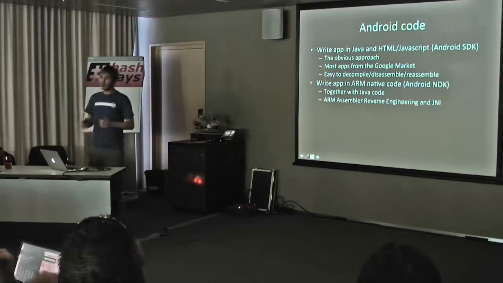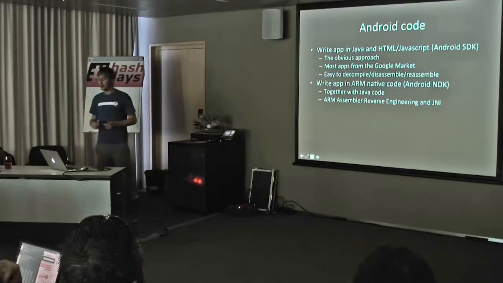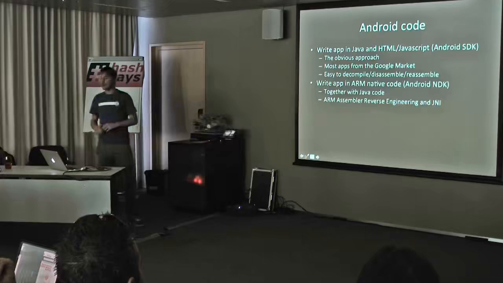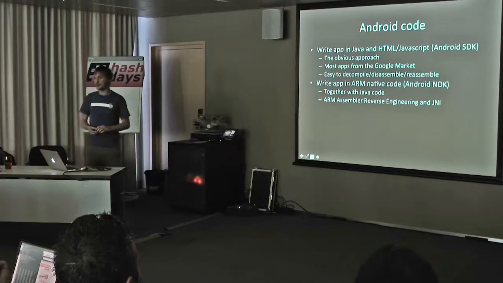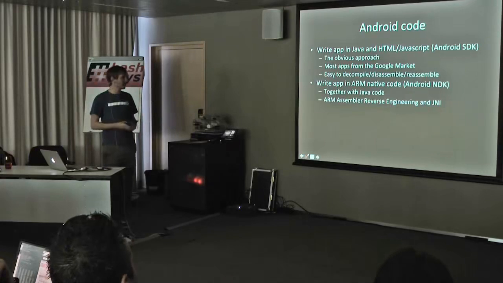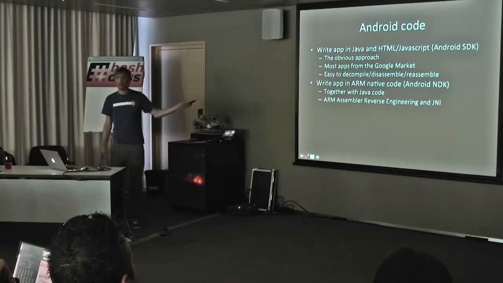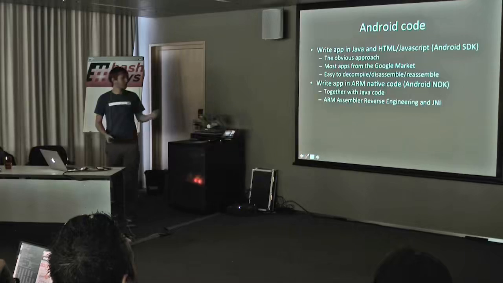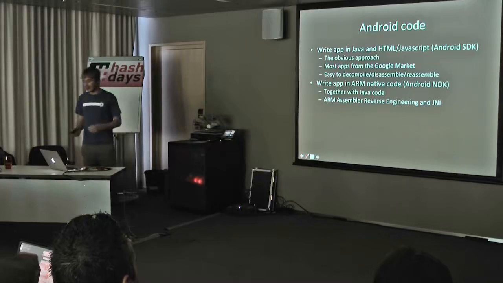Another option would be to write apps in ARM native code, but actually nobody does it. And if you find an app that does it, you can just do normal ARM assembler reverse engineering. So that becomes a normal reverse engineering task as usual.